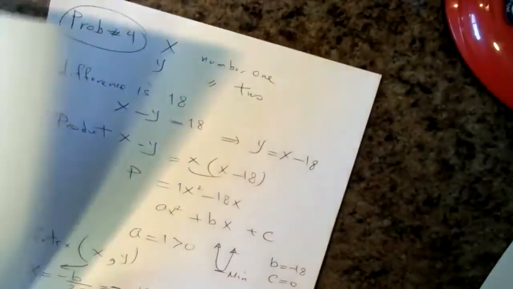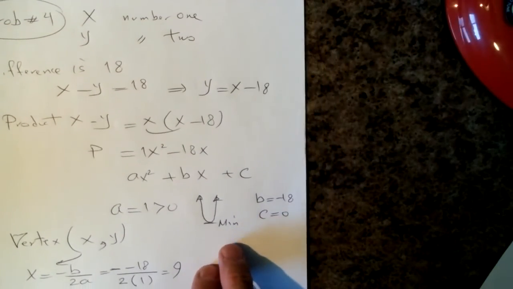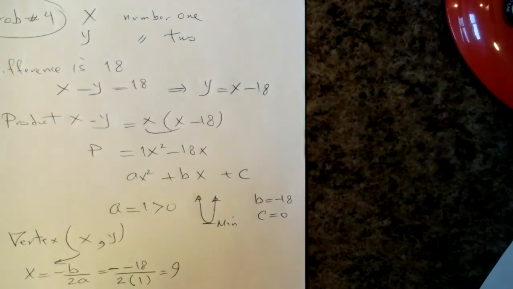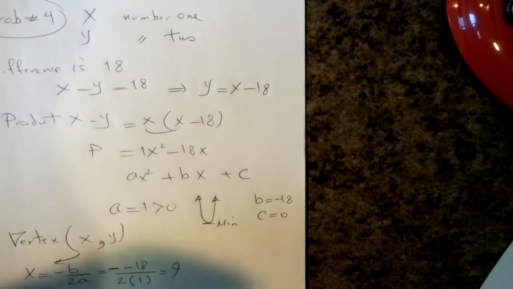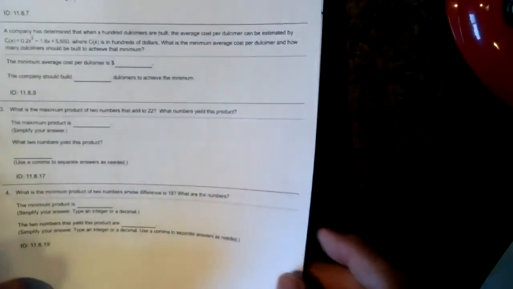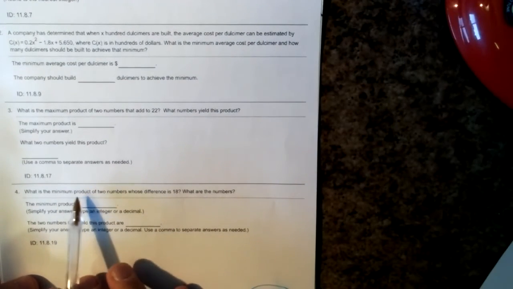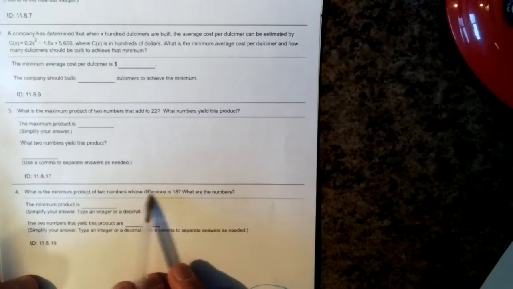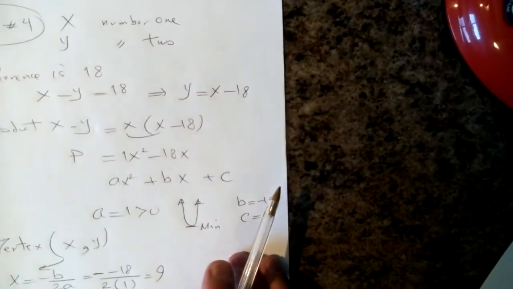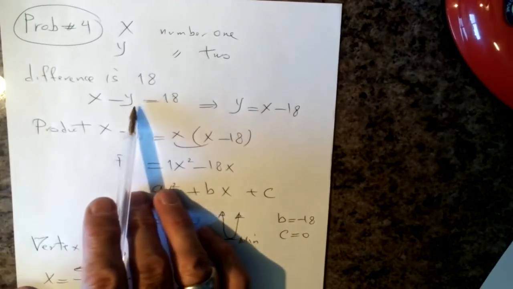The next problem, number 4, is also very similar. The only difference is in number 4. Problem number 4, it said, what is the minimum product of two numbers whose difference is 18? So that means x minus y is equal to 18.